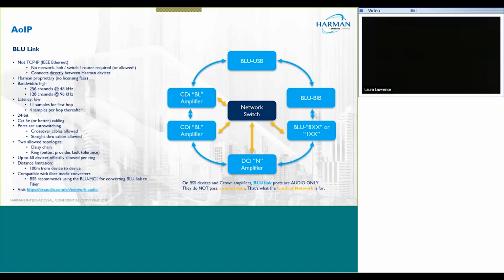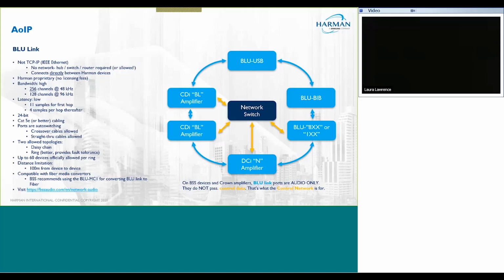Maybe your IT manager accidentally loaded the wrong VLAN into a switch somewhere. Well, if that happens with anybody else, whether it's AVB or CobraNet or Dante, you're going to lose your audio. But here with BLU Link, it would not affect your audio because it doesn't touch that network. You know, power supplies go bad from time to time. Lightning strikes can take out a power supply or take out a piece of network gear. So the reliability is by far the highest with BLU Link. And that's one of the things I appreciate the most about it.